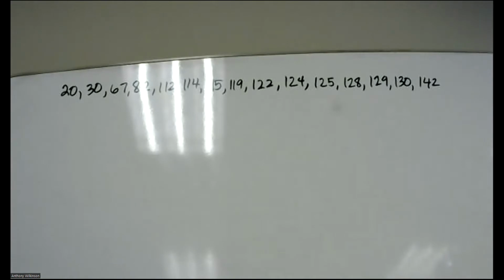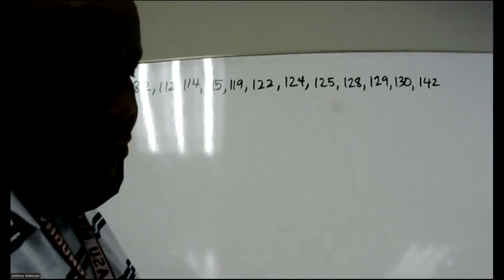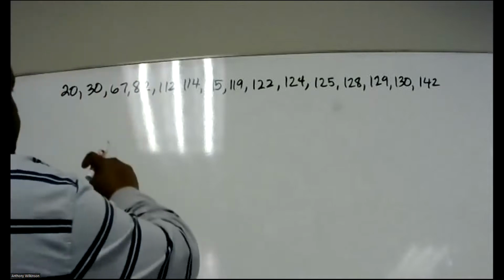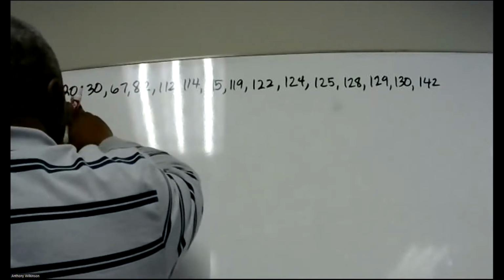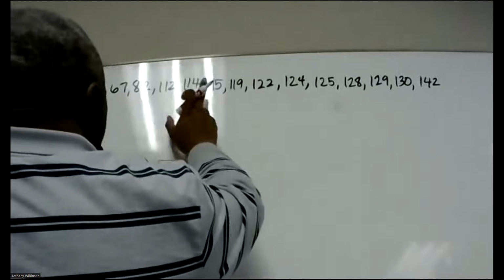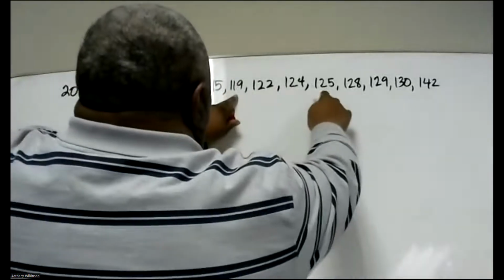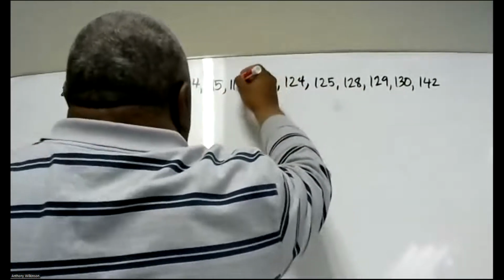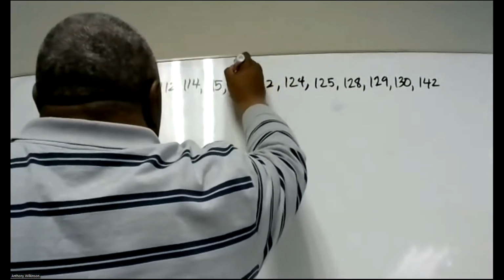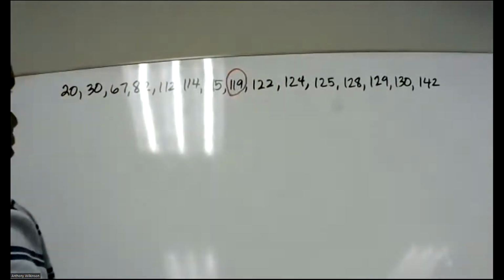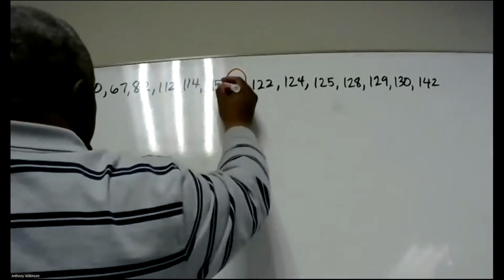That means I can identify the middle number here. In this case, the middle number has to be this number right here, 119. Okay. So here the median is 119.